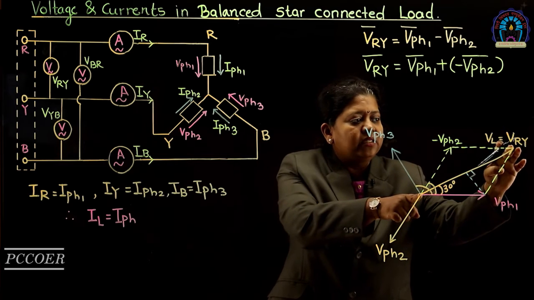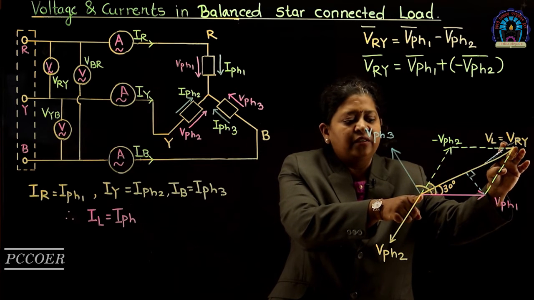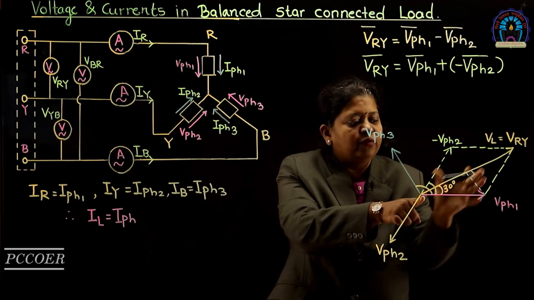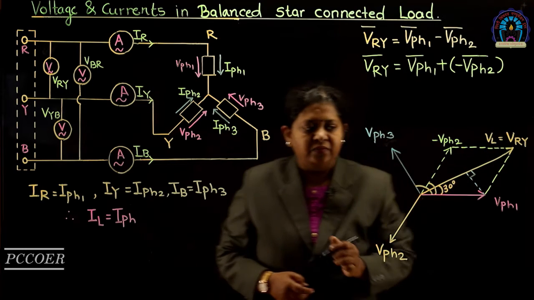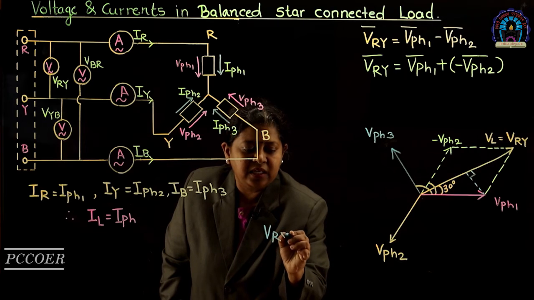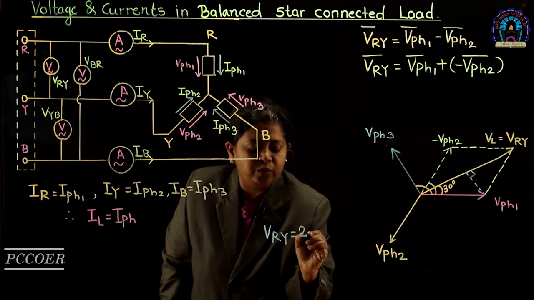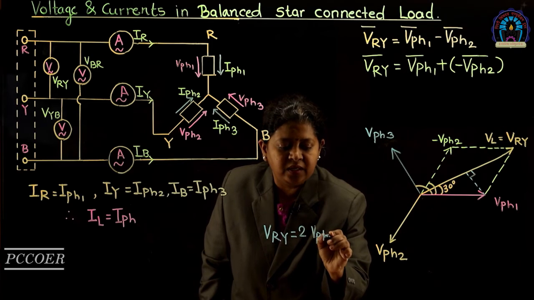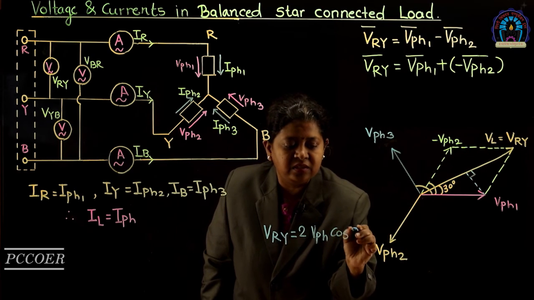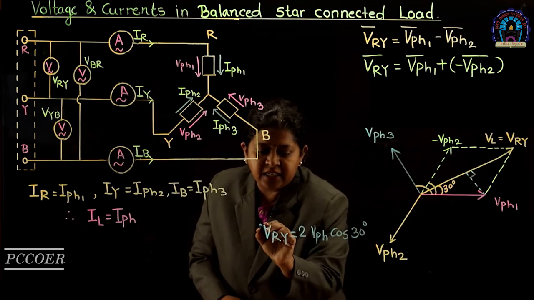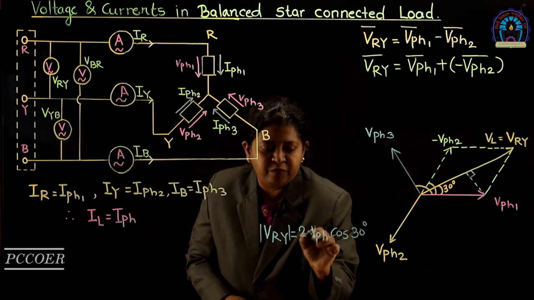So the total length of VRY is equal to 2 times VPH1 cos 30. So VRY is equal to 2 times VPH1 cos 30 degrees. Here we are considering the magnitude of VRY.